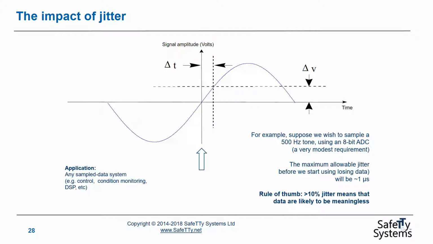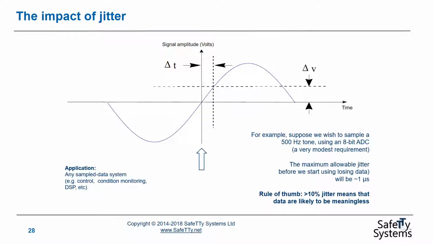Any more jitter than that in your application and the system will not necessarily operate as expected. Effectively, once you get to 1 microsecond, we have a 7-bit ADC. As the jitter level increases, the ADC resolution is effectively reduced: 8-bit, 7-bit, 6-bit, and so on.